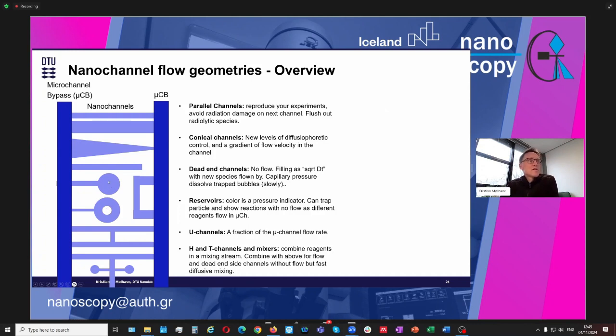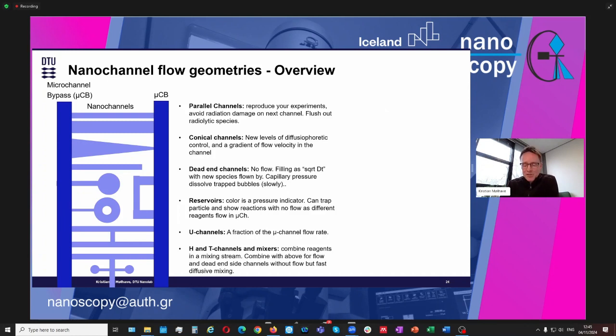Reservoirs that work as pressure sensors and bulge out when you pressurize them, or reservoirs that don't bulge out. You can make huge channels that have a fraction of the flow that goes through the microchannels, and then all types of fun mixing geometries and combinations of different geometries. So there really is a huge space of fun new possibilities to do nanofluidics in the TEM with this system.